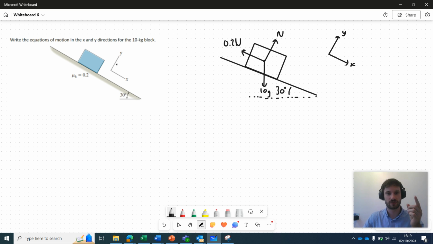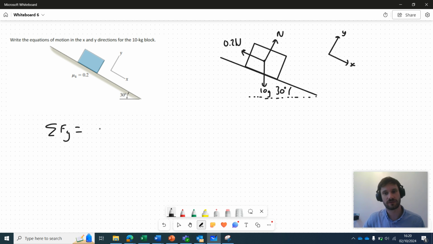Rather, the y direction in this instance means 30 degrees to the vertical, and the x direction in this instance means 30 degrees down from the horizontal, right? So we want to understand the forces acting in these directions. Let's start with the y direction then.